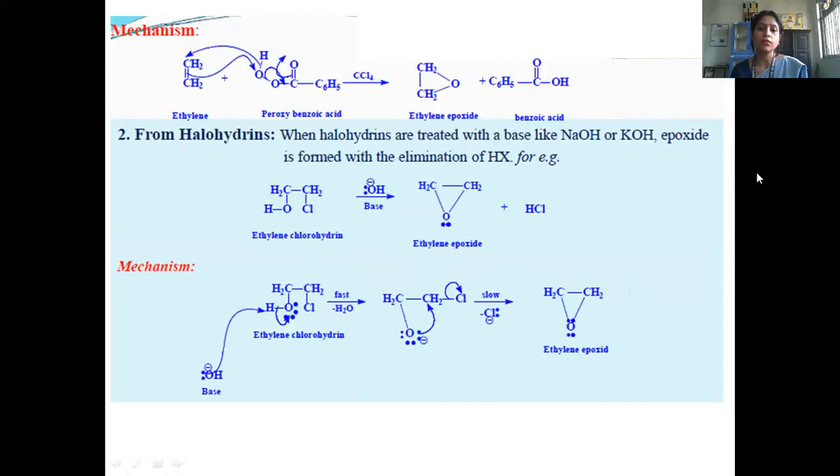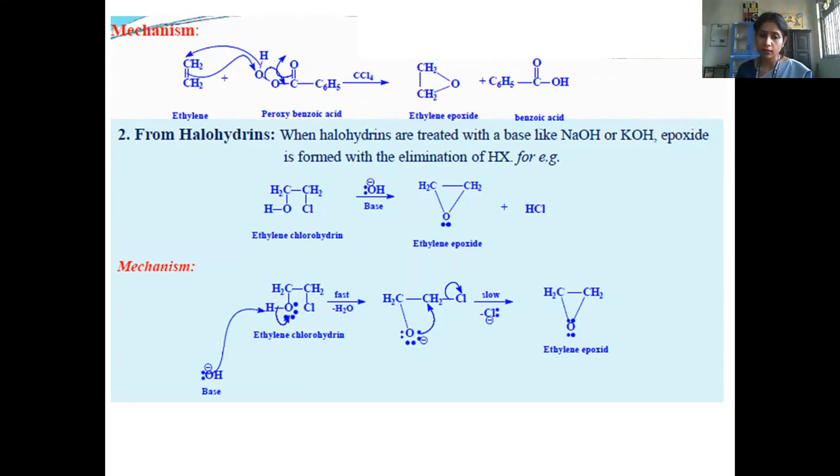So when such halohydrins are treated with a base like NaOH or KOH, then HCl gets removed and the product is ethylene oxide or the epoxide. So of the 2 functional groups OH and Cl, HCl gets removed and both the carbon atoms get attached through the oxygen atom and it forms a 3-membered ring, ethylene oxide or epoxide.